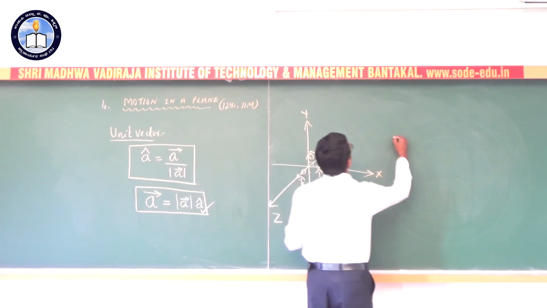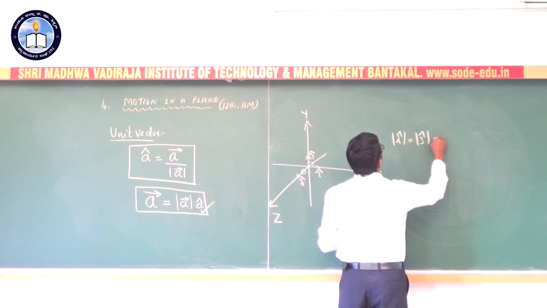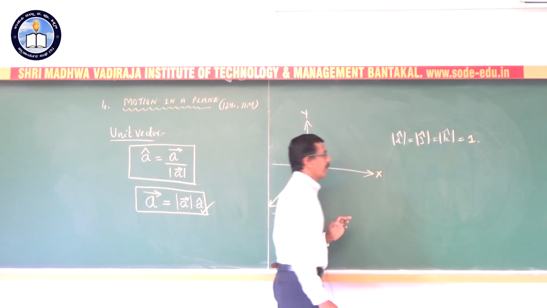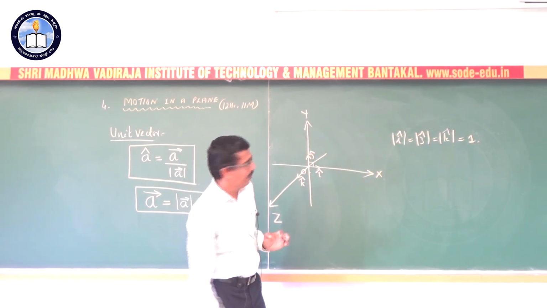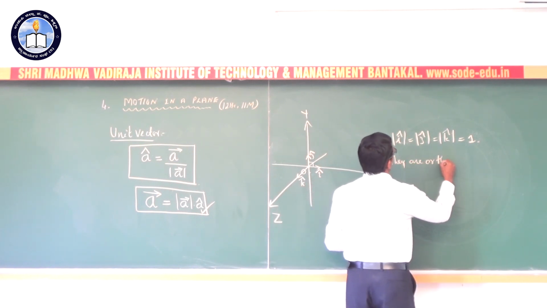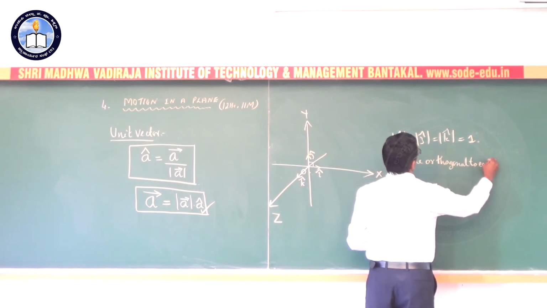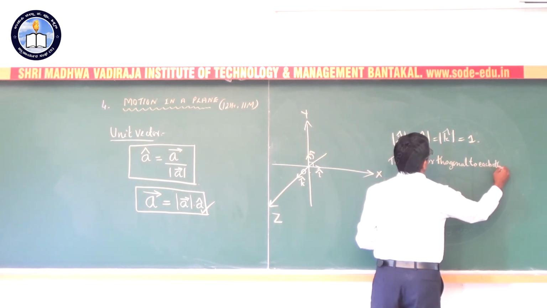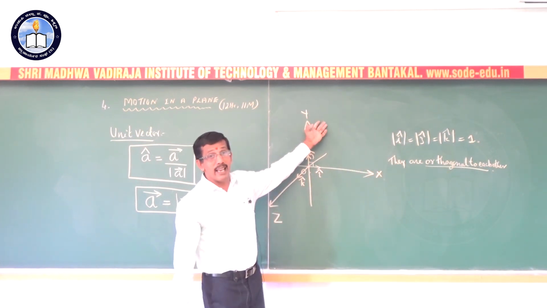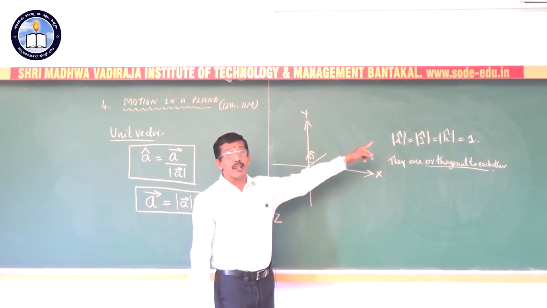Here, i cap magnitude, j cap magnitude, k cap magnitude is equal to 1. And they are orthogonal to each other. These unit vectors, especially in plane and space, or 2 dimension and 3 dimension, are orthogonal to each other.